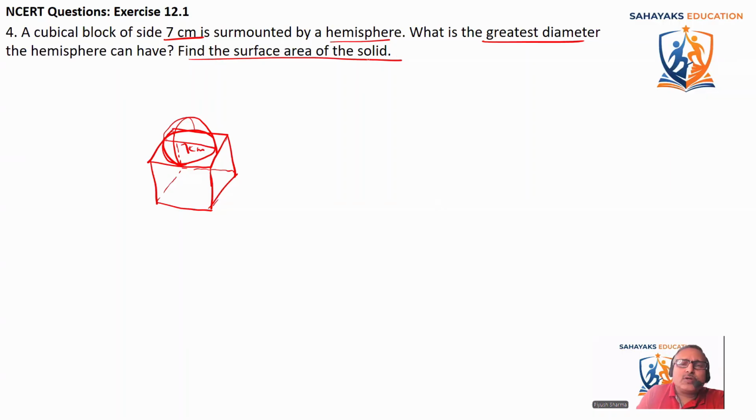Find the total surface area of the solid. Now, if you have to find the total surface area, first we'll find the total surface area of the cube, which comes out to be 6a square, where a is the side. But this part is inside, so we have to reduce the surface area for this.